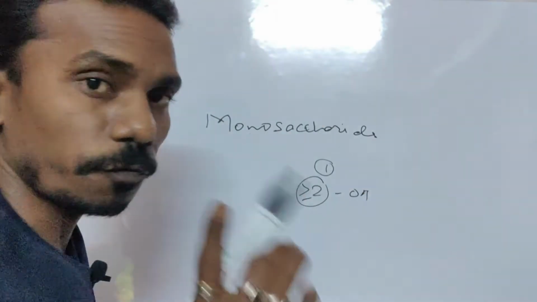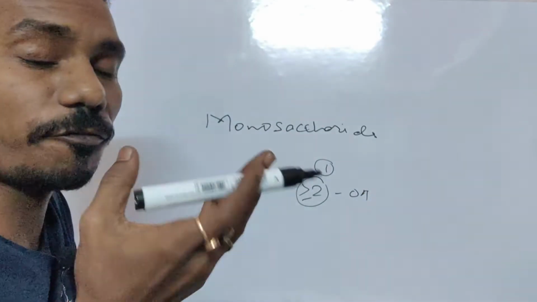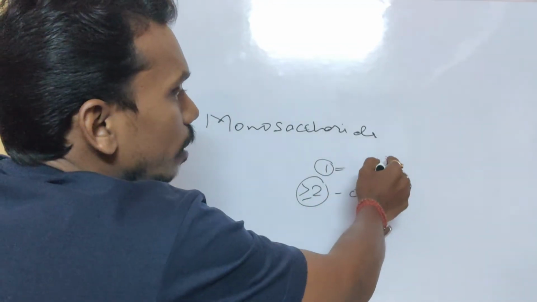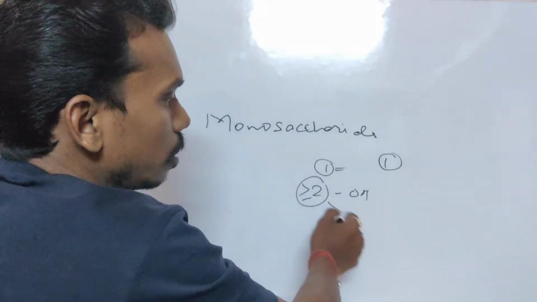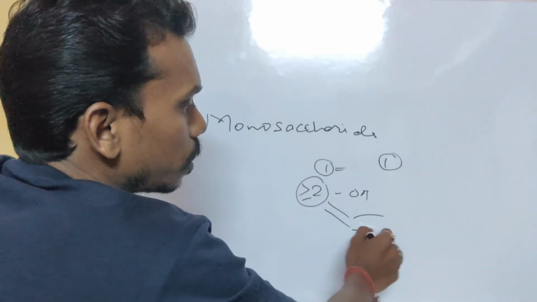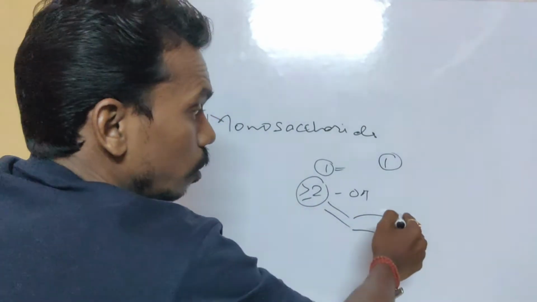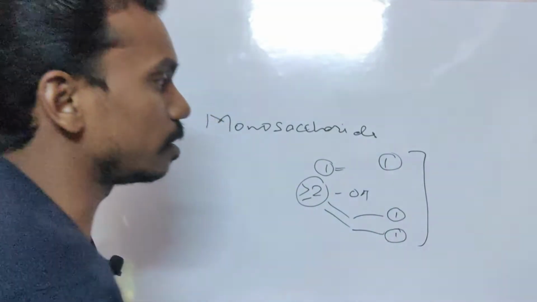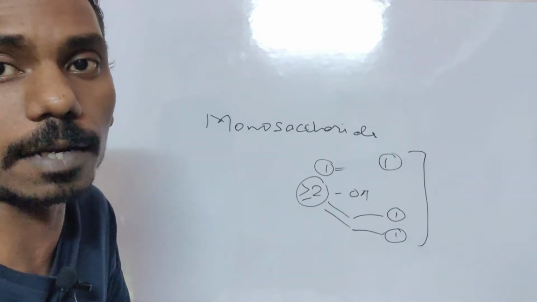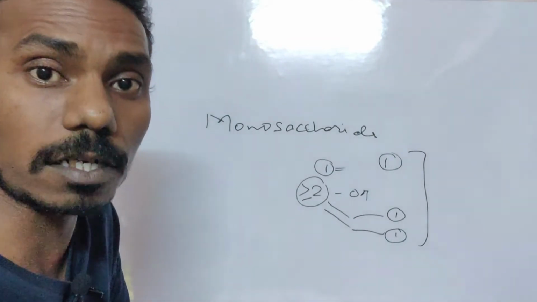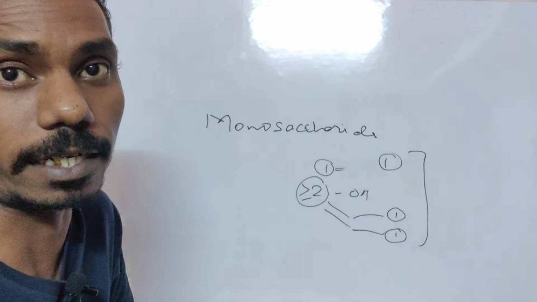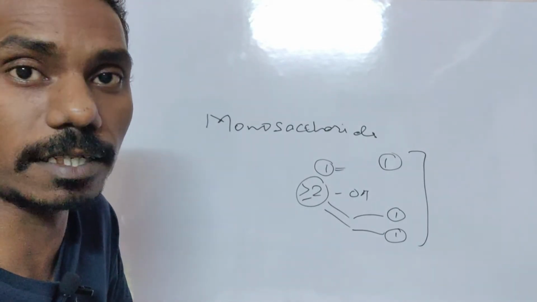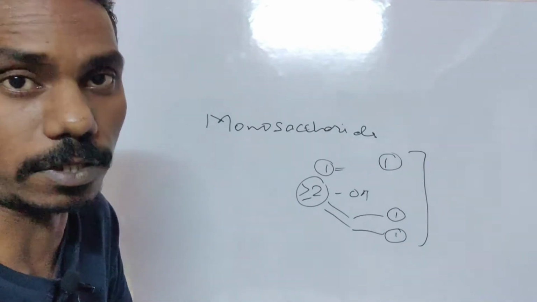The functional group will involve 1 carbon and the 2 hydroxyl groups must involve 2 carbons. So there is a basic need of at least 3 carbon atoms to produce a monosaccharide. That is why a monosaccharide with 2 or fewer carbon atoms is not possible.